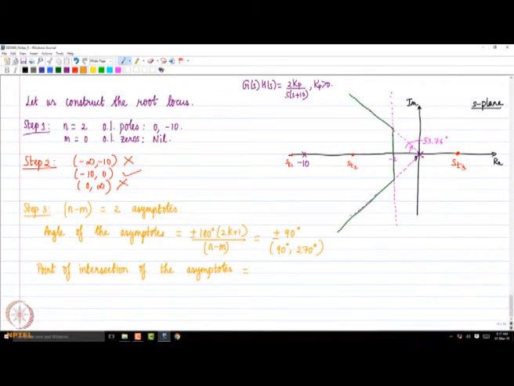The sum of open loop poles is 0 and minus 10, and there are no open loop zeros. Divided by n minus m, which is 2, the number happens to be minus 5. That is going to be the point of intersection of the asymptotes.